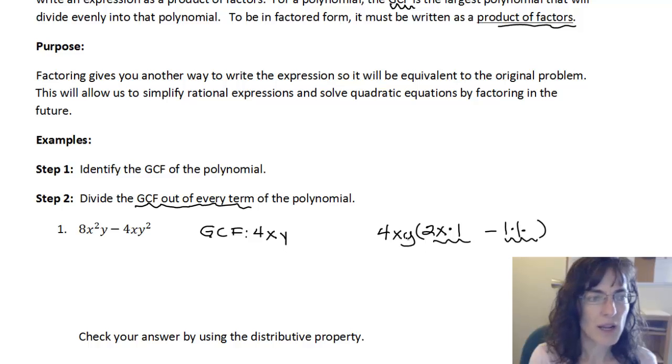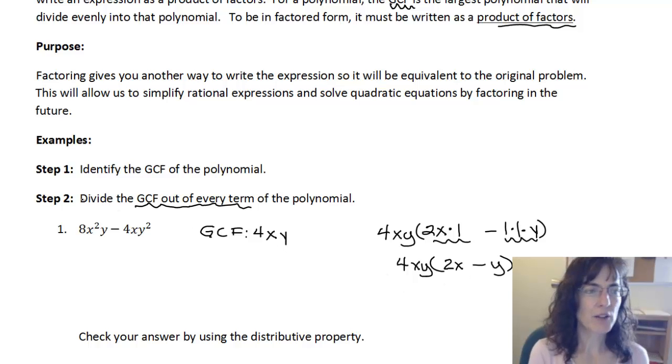And then the y. y times what will give me y squared? Well, I need another y. So I kind of wrote out all the little pieces, but really what it should be is 4xy times 2x minus y. That would be the factored form of 8x squared y minus 4xy squared.